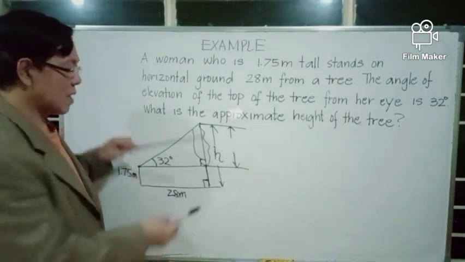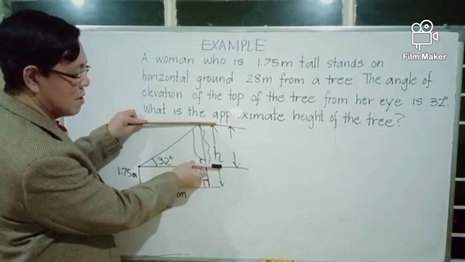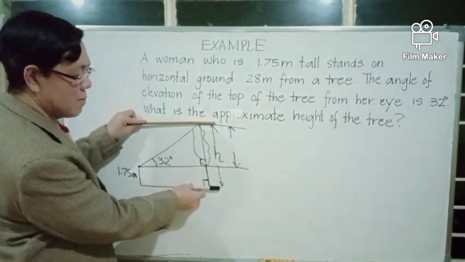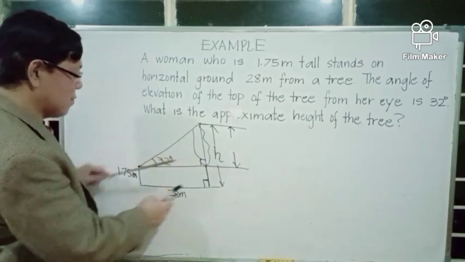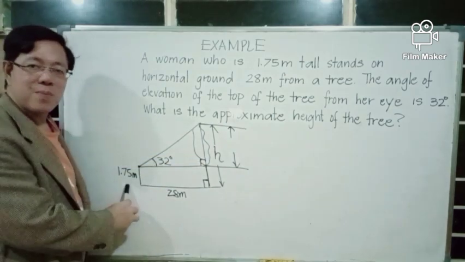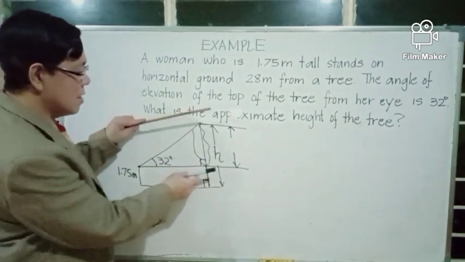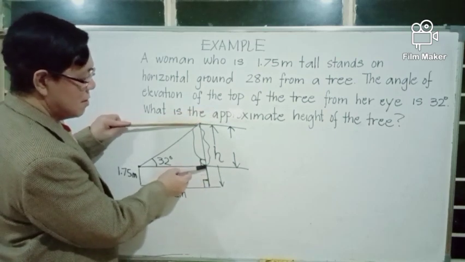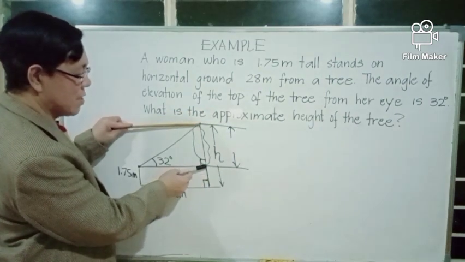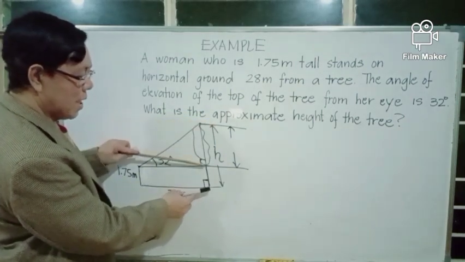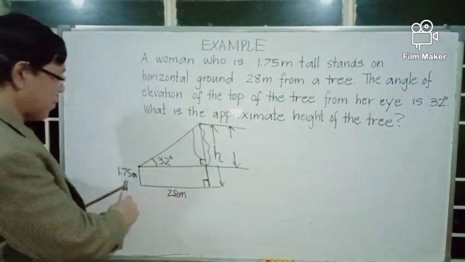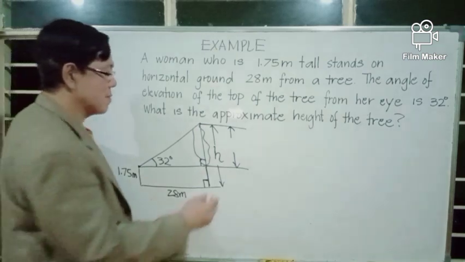And from the diagram, this length is equal to this whole length, h, minus this length, which is 1.75 meters.